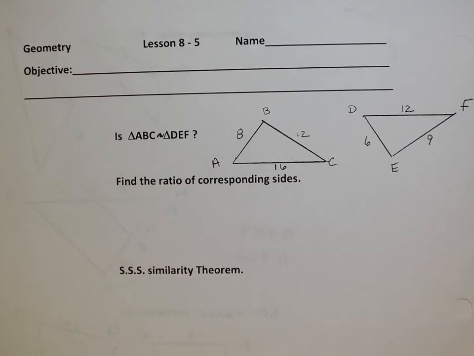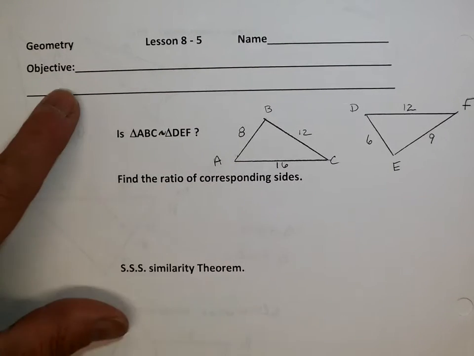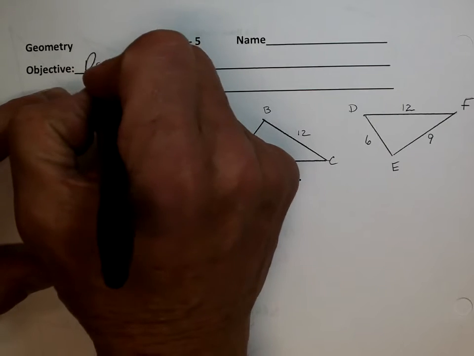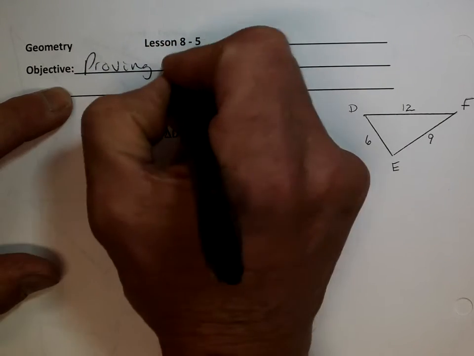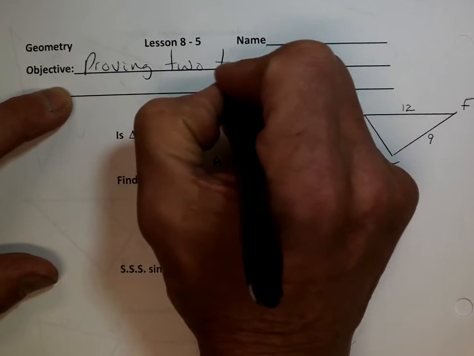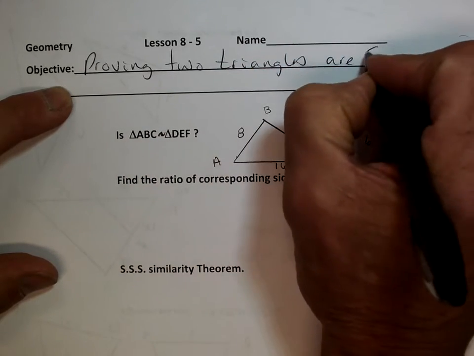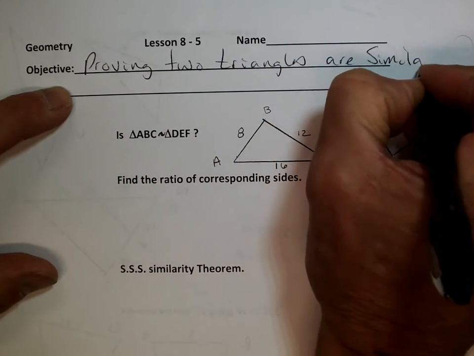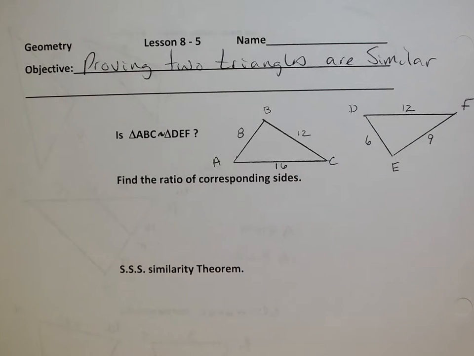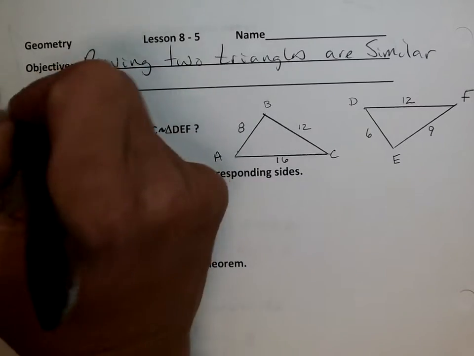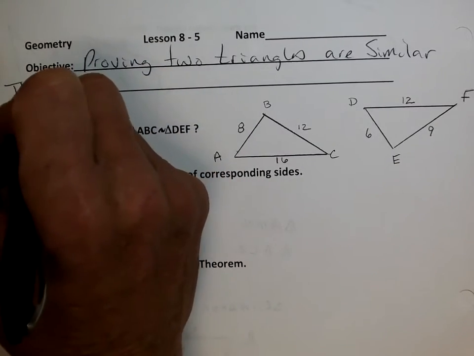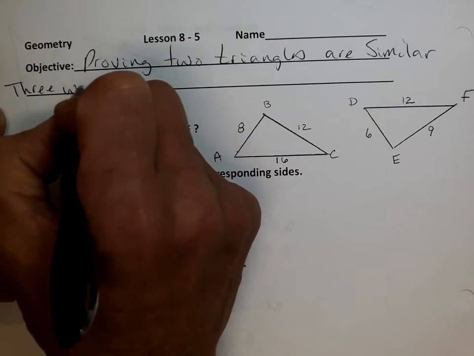Objective: proving two triangles are similar. Same shape, different size. We have three ways to do it.